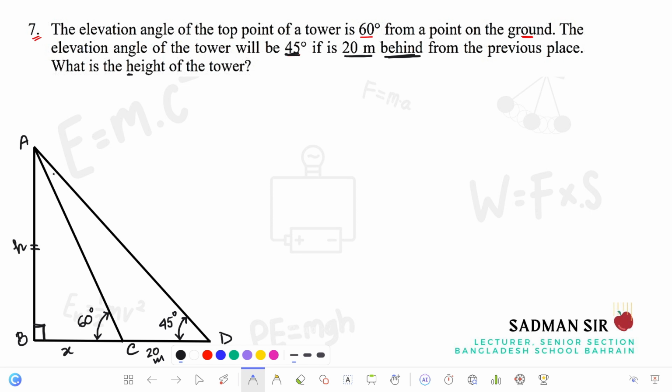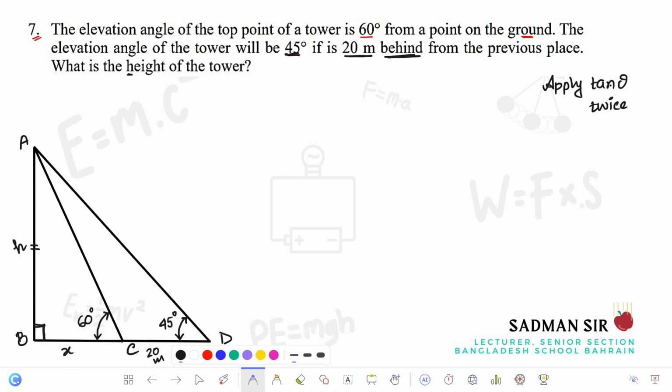In this type of problem, the formula is always the same. You can remember this as a shortcut technique: apply tan theta twice. There are two triangles, so for both of them we will apply tan theta.